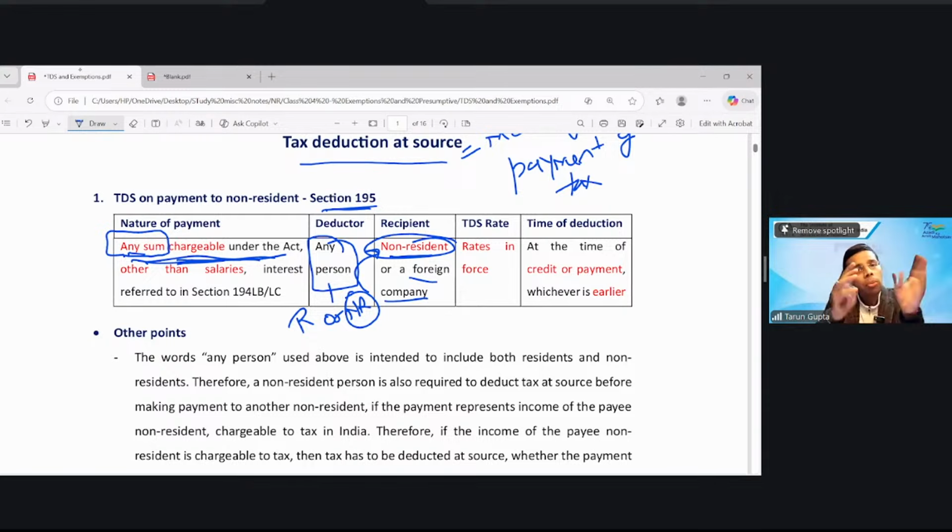You understand the difference between domestic and international TDS? In case of domestic TDS, the Act lists down a lot of different natures of payment on which tax is to be deducted. But in case of non-resident, it's not the case. What the Act simply provides is, if such amount is taxable in the hand of non-resident, then the payer has to deduct tax.